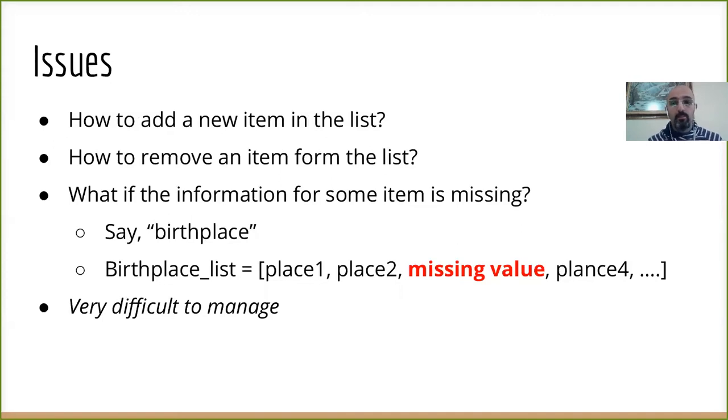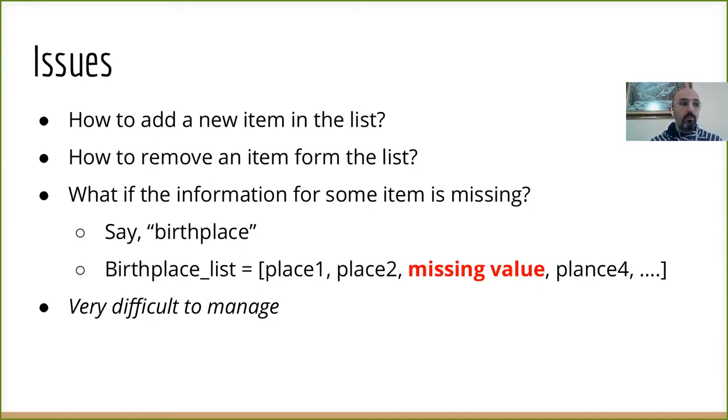So to add the proper name, add to the list about names, to add the proper surname, add to the list about surnames, and so on. And the same problem arises while removing elements. So we need to keep aligned several lists holding specific information.